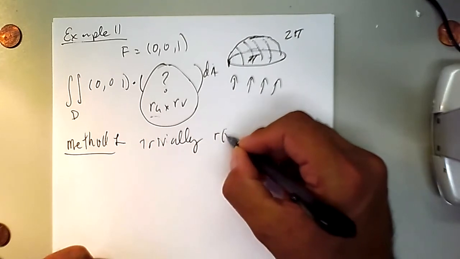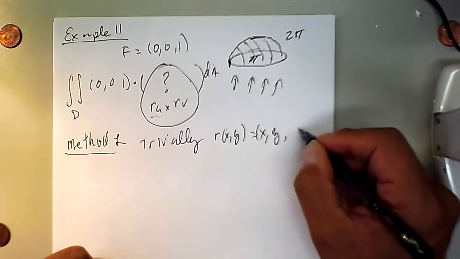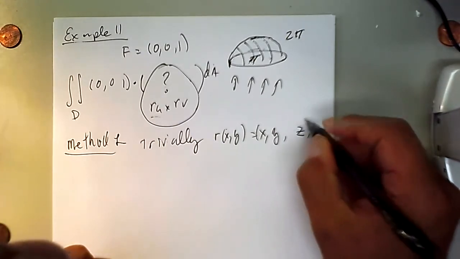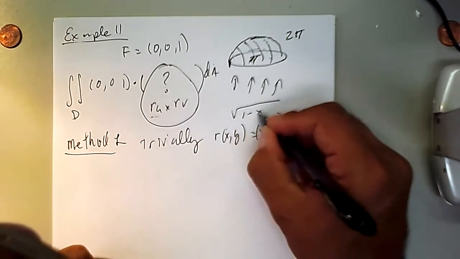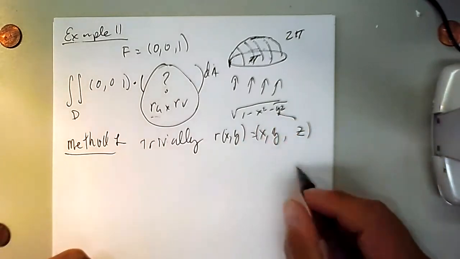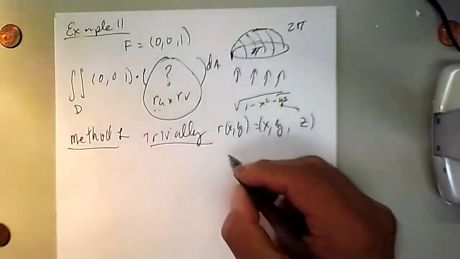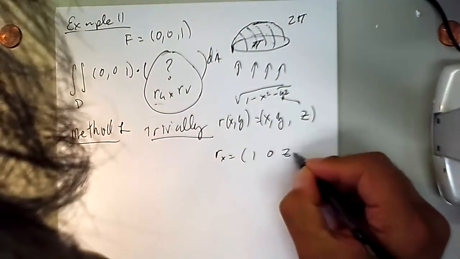Okay, so r of x, y could be x, y, z. Let's just put z, where z, by the way, is going to be the square root of 1 minus x squared minus y squared. There we go. So that's a trivial parameterization. R sub x is going to be 1, 0, z sub x.